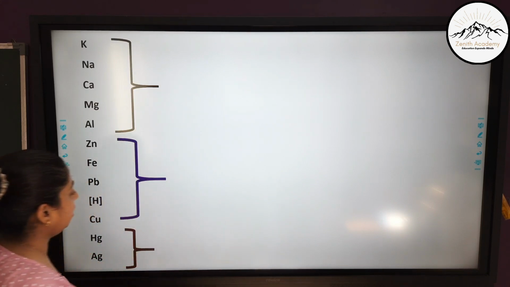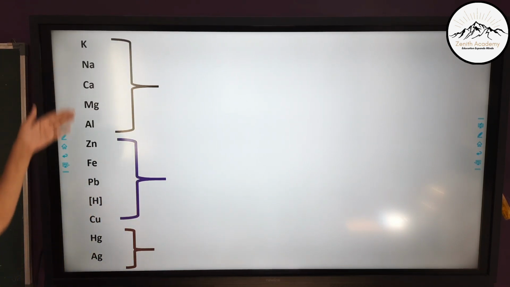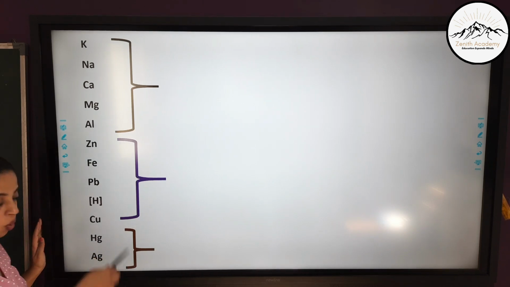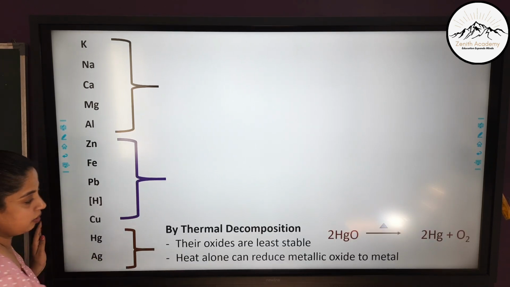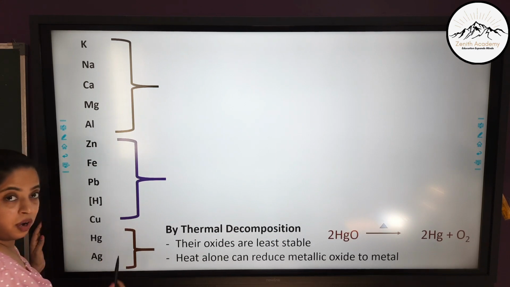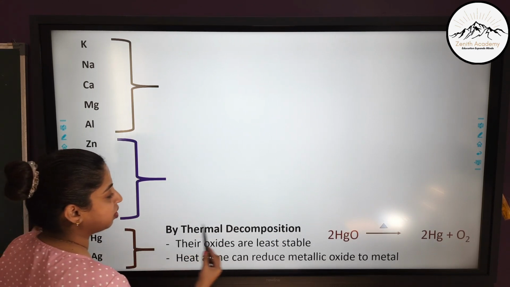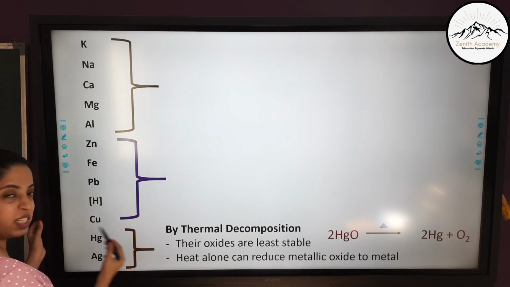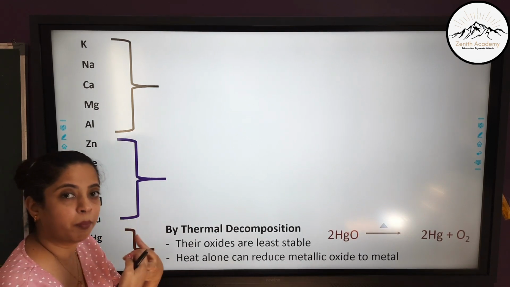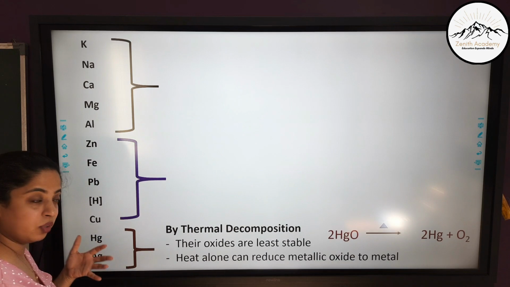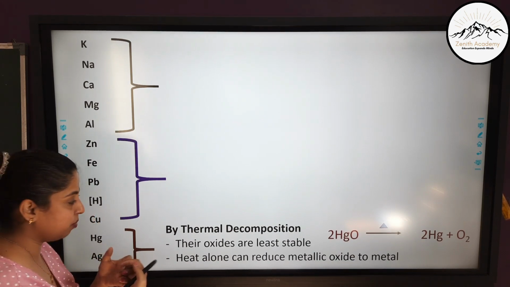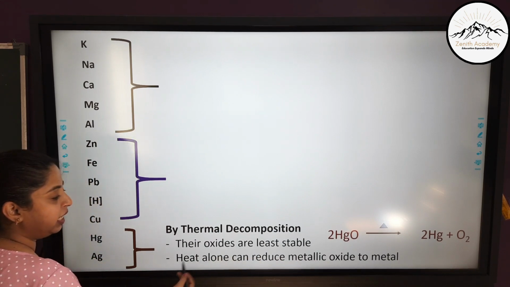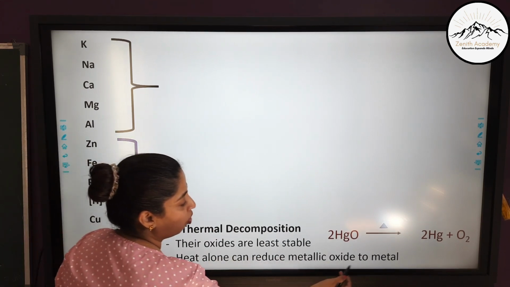If we see here, this is an electrochemical series. The metals which are lower in the electrochemical series are extracted by thermal decomposition. Since they are least reactive, they form very unstable compounds, so their oxides are least stable and heat alone can reduce these metallic oxides to metal.